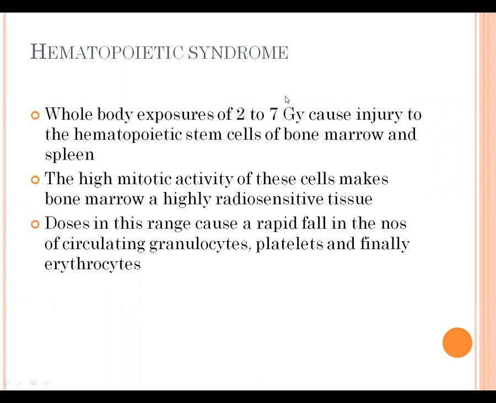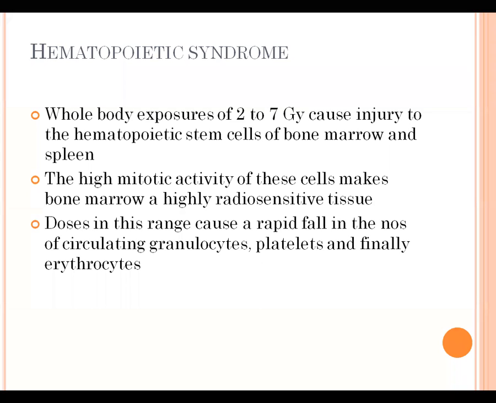So 2 to 7 grays causes injury to hematopoietic stem cells. Higher mitotic activity of these cells makes bone marrow a highly radiosensitive tissue. The dose in this range causes a rapid fall in the number of circulating granulocytes, platelets, and finally erythrocytes.